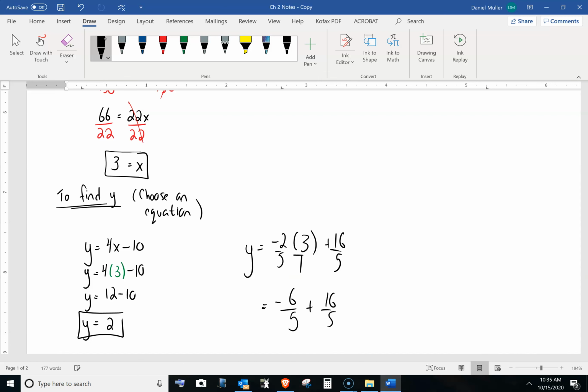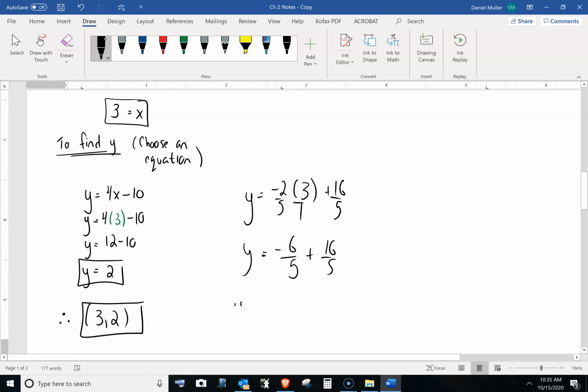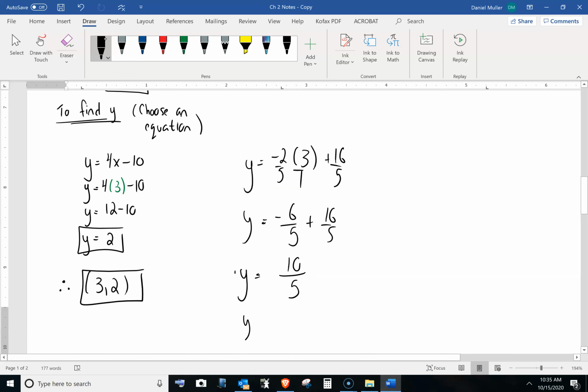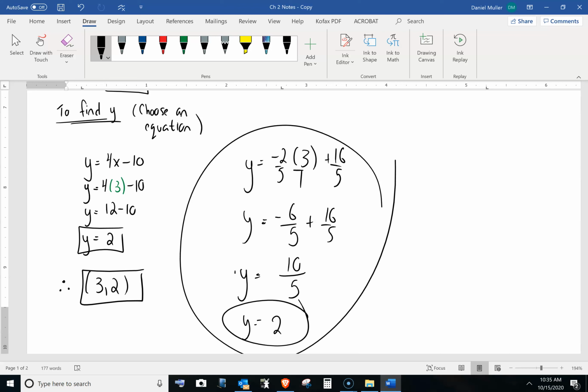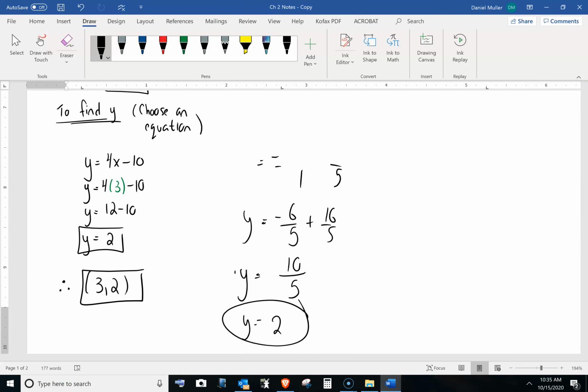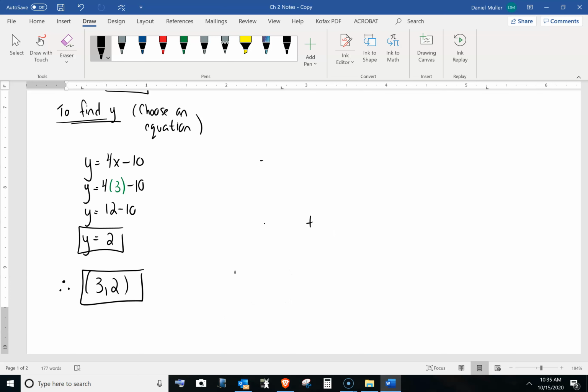Plus 16 over 5. These are already common denominators, so you can add them together. It's negative 6 plus 16 is 10. And 10 over 5 is 2. So either way you'll get 2. It's just that this one had a bunch of fractions in it. It was a little bit more complicated, so I didn't choose it. But you could have, and you would have got the same answer.